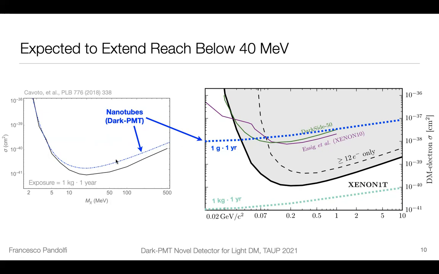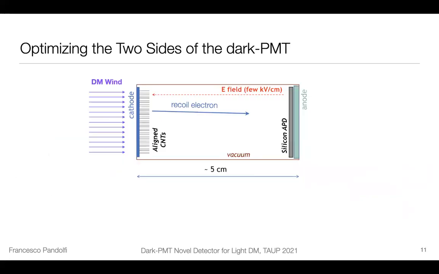Just look at the blue curve, and you can see we would be sensitive down to masses of 2 or 3 MeV, let's say. So if you scale it down to 1 gram, and you compare it to what was shown before in the 1 ton plot, you can see that this would significantly extend the reach at lower masses, below 40 MeV, already with only 1 gram of exposure.